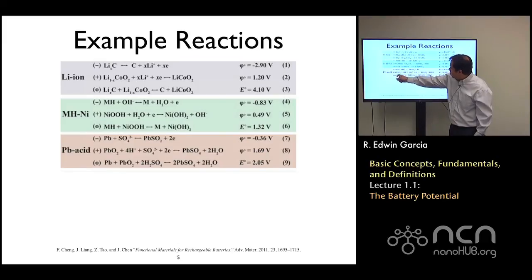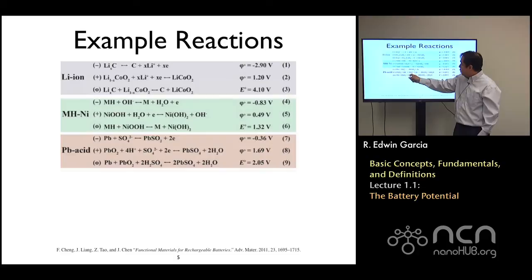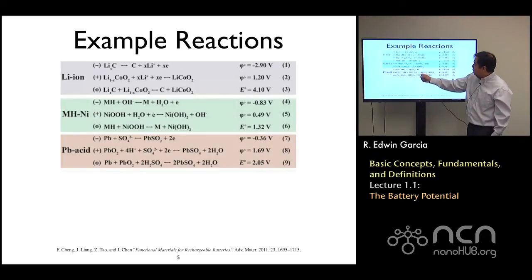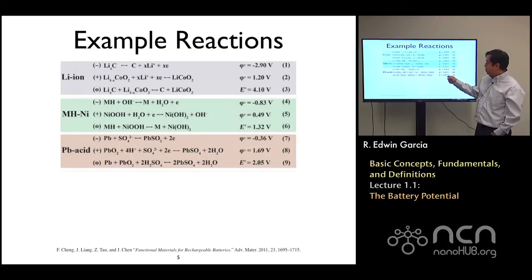And on the cathode side, you can see that the SO4 radical combines with hydrogen and the electron, giving us this PbSO4 with water reaction. The overall reaction is as you can see down here, and we have 2 volts when we take the difference of both reactions.